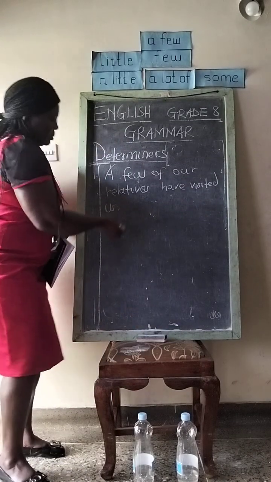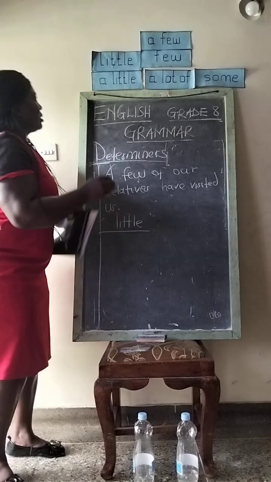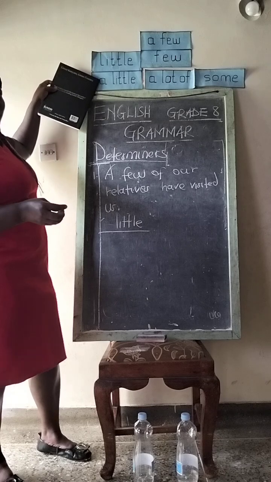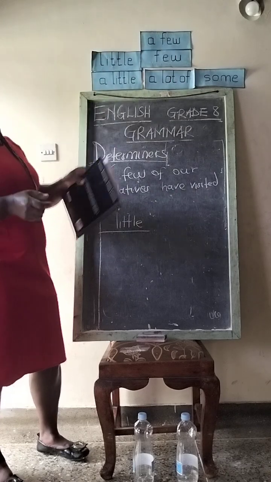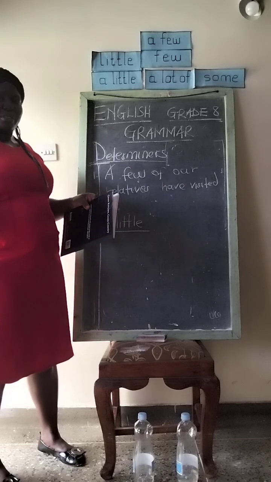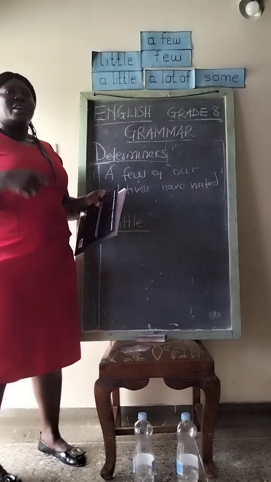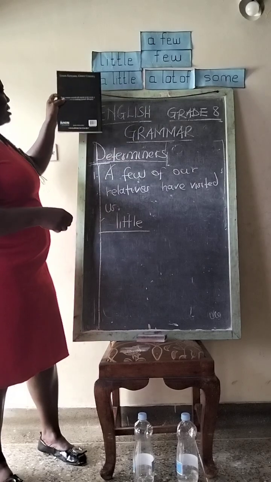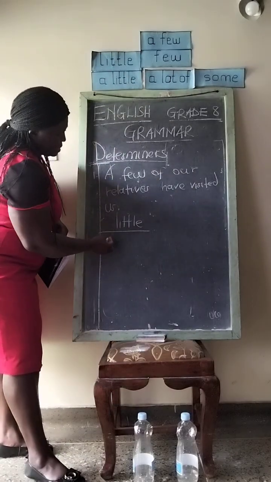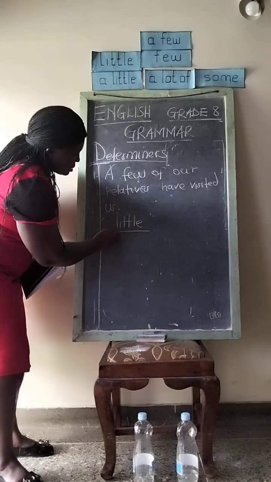We have little. Up here you can read little and a little. Little and a little are only used with uncountable nouns, for example, water, sand, salt, rice. Use a little food there. Now what does little mean in a sentence? Just like few, little means almost none.